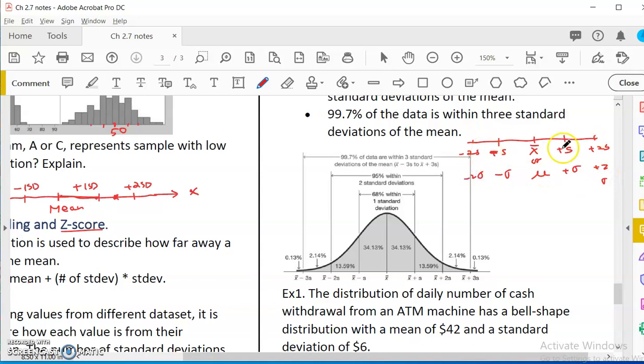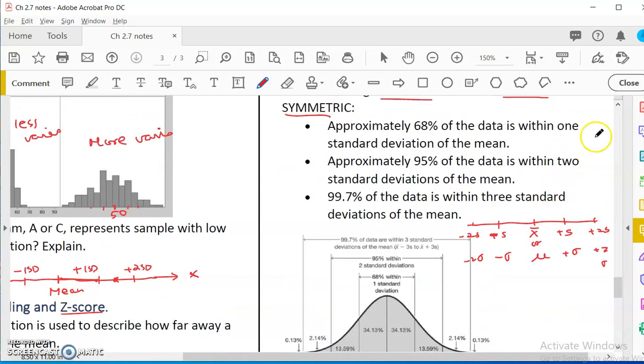So it depends on if you have sigma or the sample standard deviation. So what they found is that the percentage of data within 1 standard deviation from the mean is 68%. So if you calculate the number from this range to this range, it would be 68%. Similar to the quartile, right? For quartile it is 25, 25, 25. But if it is bell-shaped and we calculate the standard deviation, it's better.